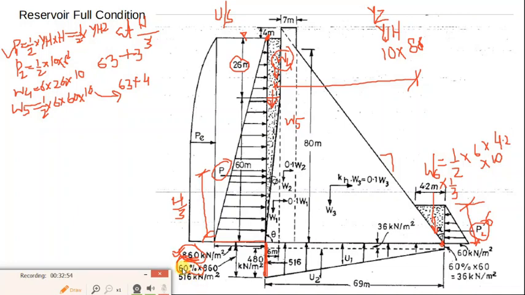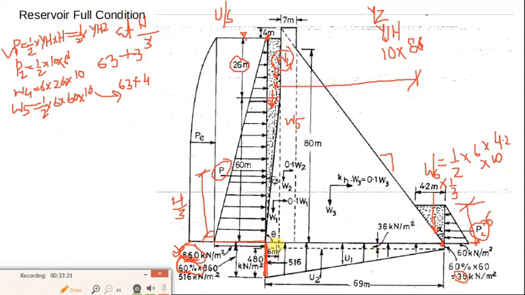Since it is given as 0.6, multiply 0.6 by the water pressure at the base, you will get the uplift pressure at heel. Similarly here the pressure is 60, so multiply it by 60%, you will get the pressure at toe, which is equal to 36.